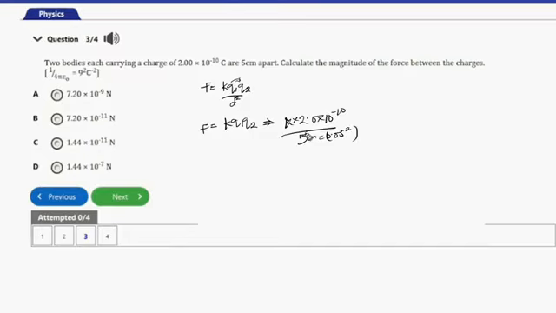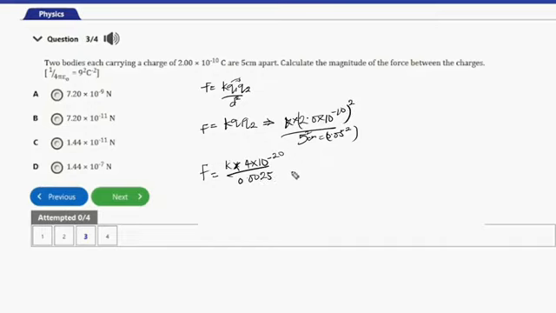We'll resolve this as K times 4 times 10 to the power of negative 20, over 0.05 to the power of 2, which is 0.0025.